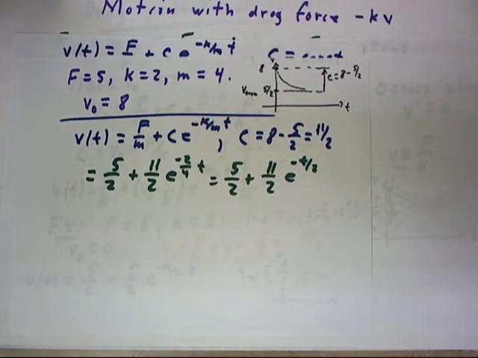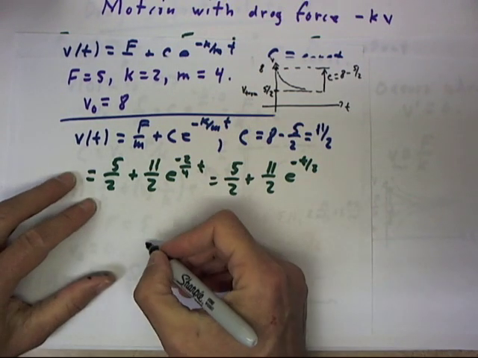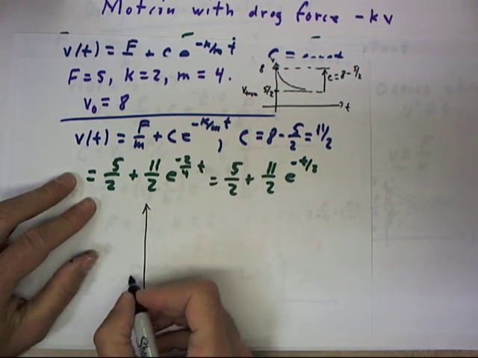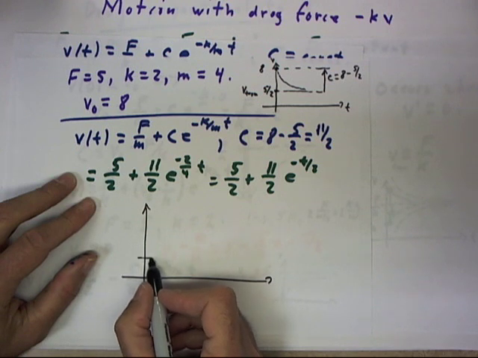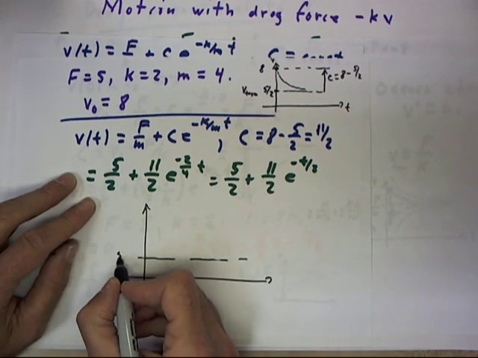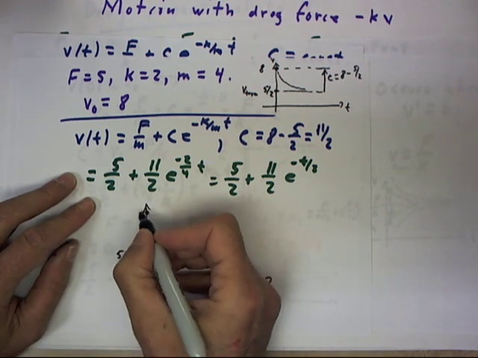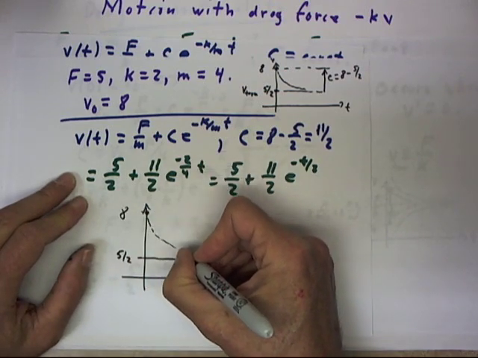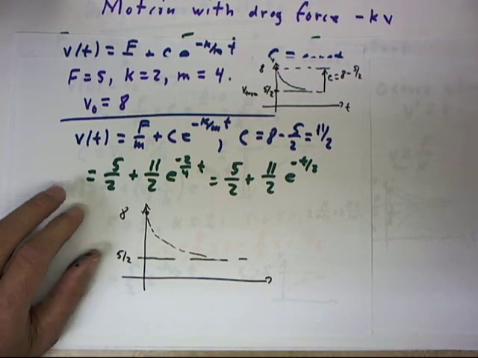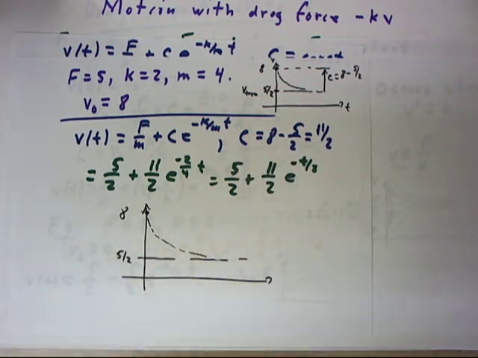If we draw a slightly larger representation of our graph, okay, here we are at our terminal velocity of 5 halves. Here's our initial velocity, 8. Here is our function, 5 halves plus 11 halves e to the negative t over 2.